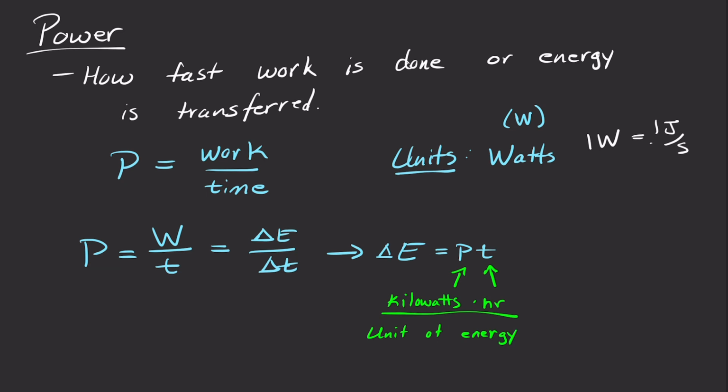The power company will tell you how many kilowatt hours of energy you used, and then they will charge you per kilowatt hour some rate. Okay, and so we'll look at some example problems and show you that a kilowatt hour is exactly a unit of energy.